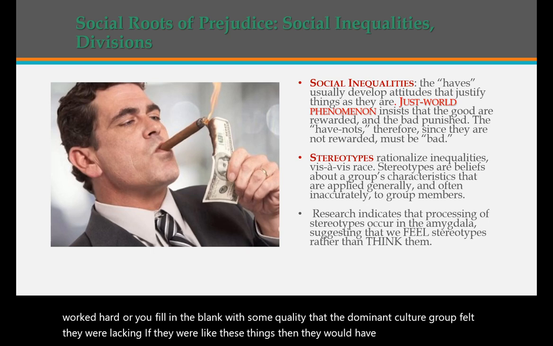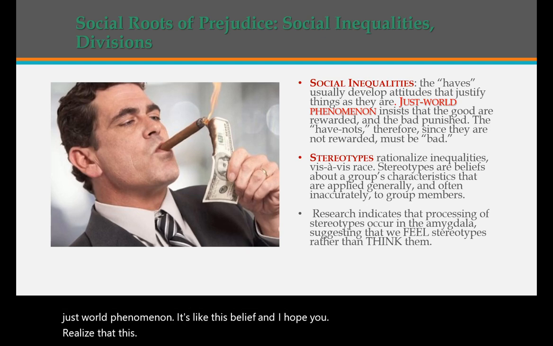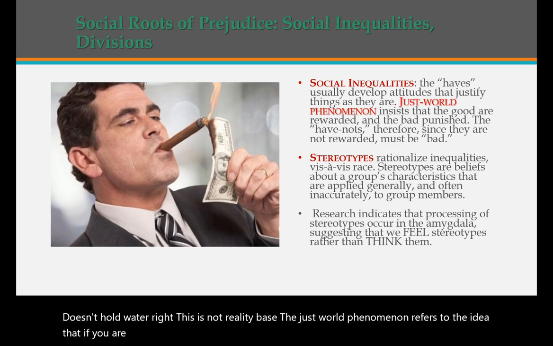So that's the just world phenomenon. It's this belief, and I hope you realize that this doesn't hold water, right? This is not reality based. The just world phenomenon refers to the idea that if you are good, whatever good means, you are rewarded, and if you are bad, then you're going to be punished.